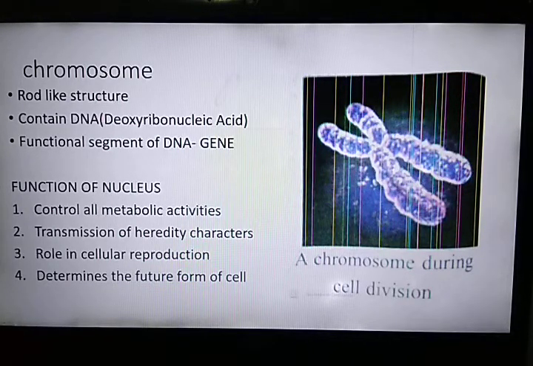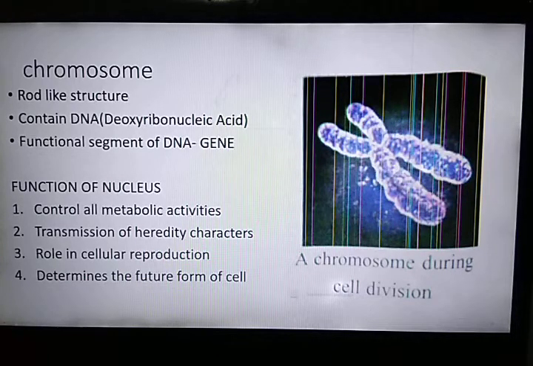Now what is the functional segment of DNA? The functional segments of DNA are called genes. So the genes are called the unit of inheritance. In a cell which is not dividing, this DNA is present as a part of chromatin material.